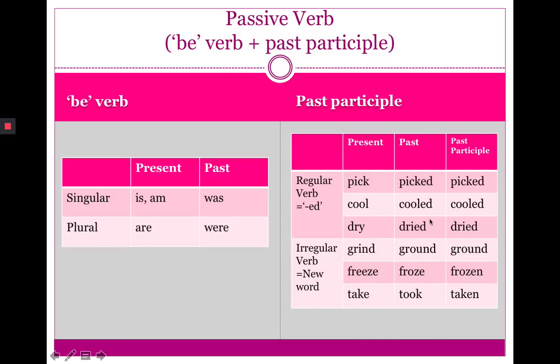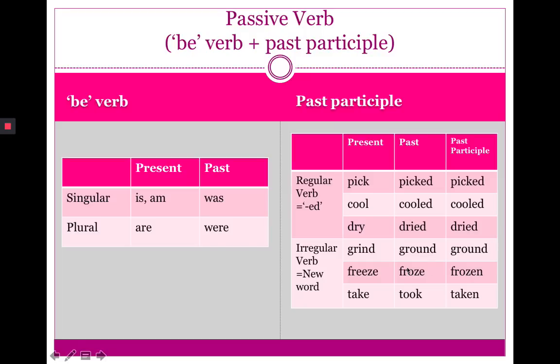Okay, so however, there are also some irregular verbs. Irregular verbs, this kind of word, they will take a new form when you change into past tense, and a new form when you change into past participle.